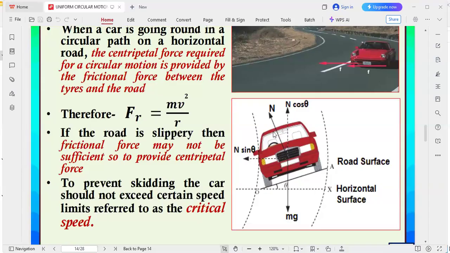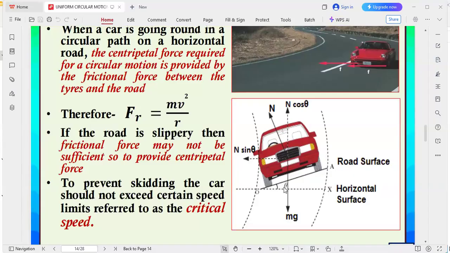I'm saying that n sine theta is the force that retains this vehicle in a circular path, which is a centripetal force. Basically, it's a force that is provided for by friction, n sine theta. Theta, remember, is the angle of inclination of this road.